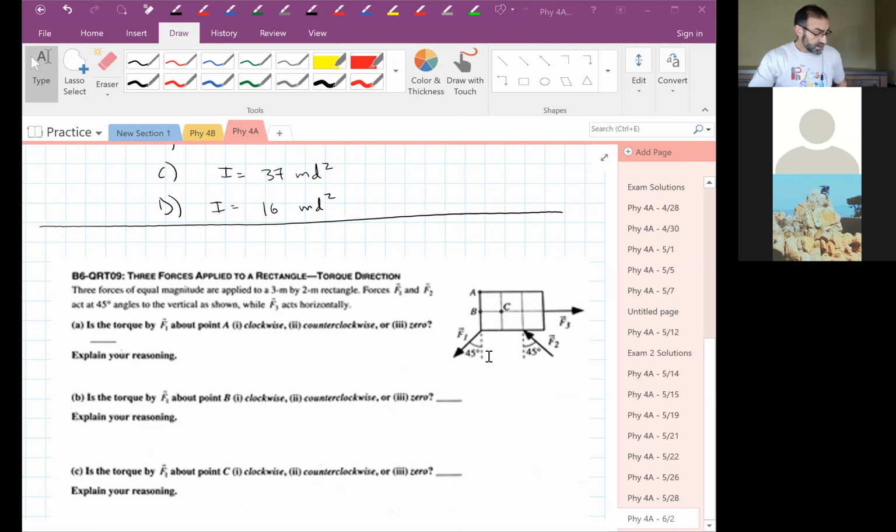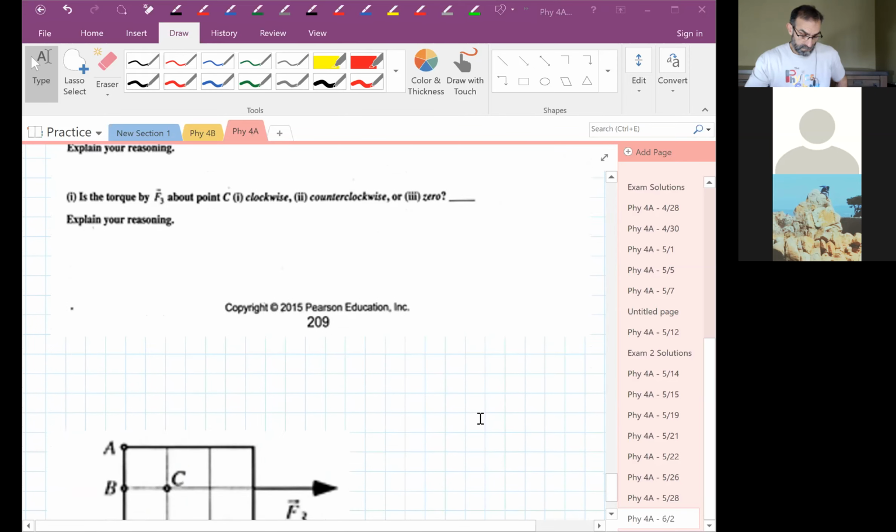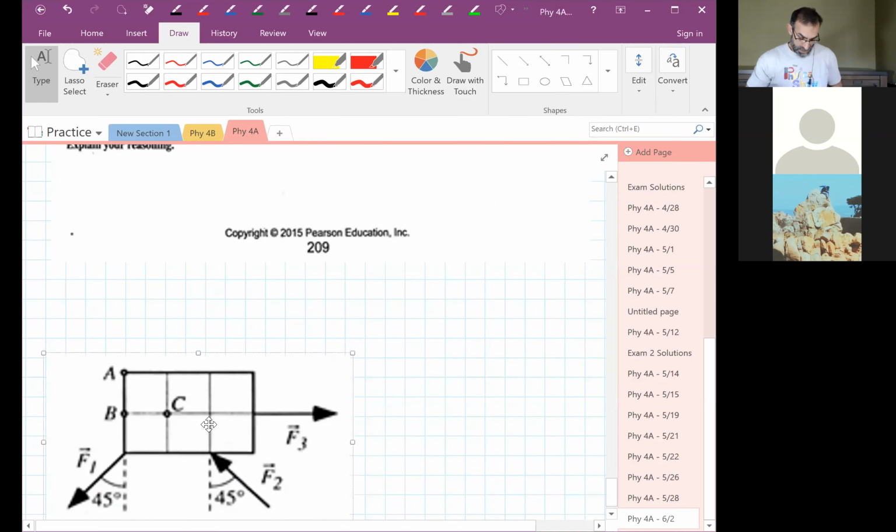So A says, is the torque caused by F1 about point A clockwise, counterclockwise, or 0? So it's a little easier to see this one.